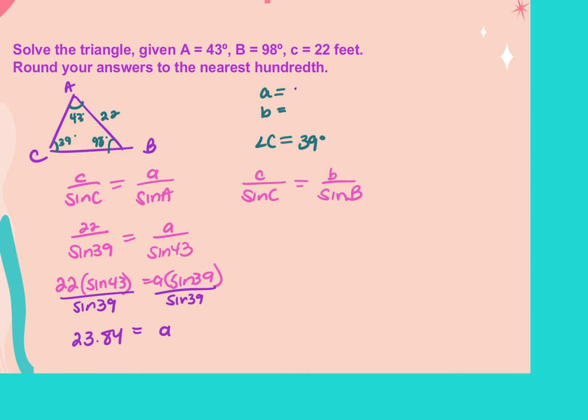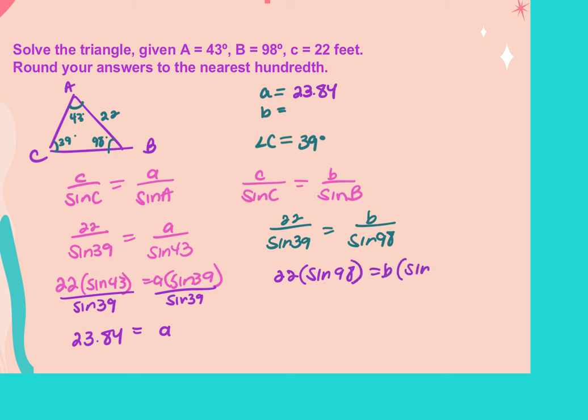So side A is 23.84. And then C, 22 over the sine of 39 equals B over the sine of 98. Cross multiply and divide.